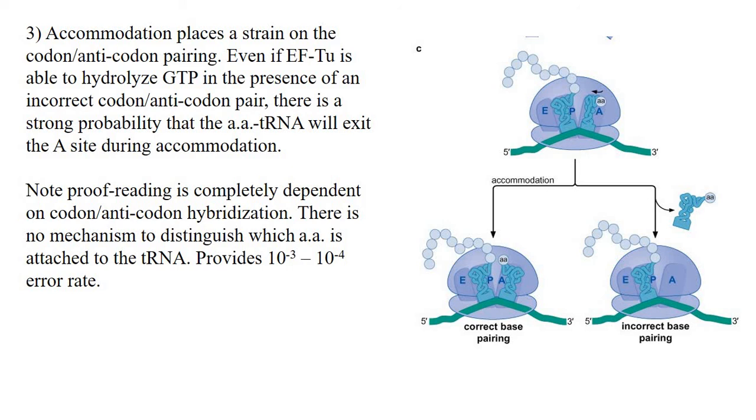Because there is no mechanism to distinguish which amino acid is attached to the tRNA, it provides some error in protein synthesis. However, protein synthesis is still very good. Okay, so that's about proofreading.